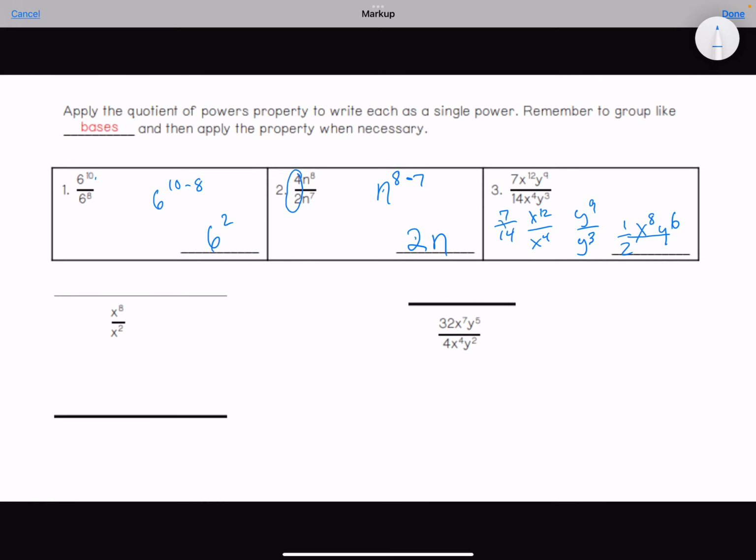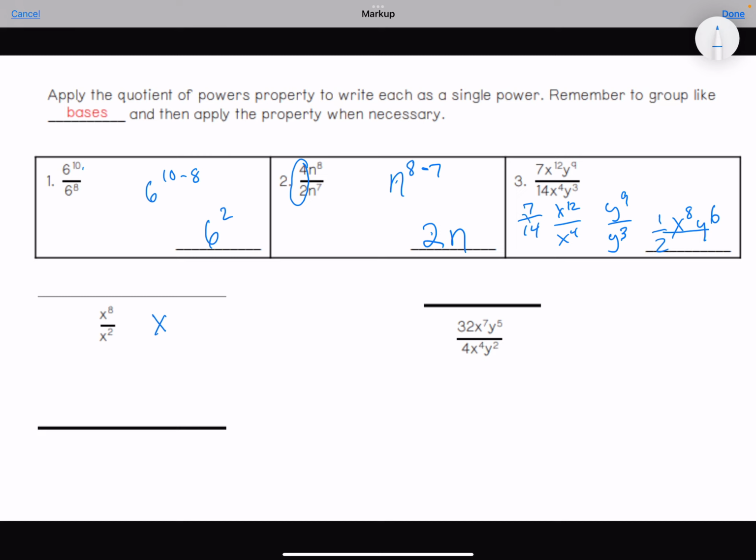So for the example here, x to the 8th over x to the 2nd is 8 minus 2, x to the 6th. So grouping, I've got 32 over 4. We have x to the 7th over x to the 4th, y to the 5th over y squared.